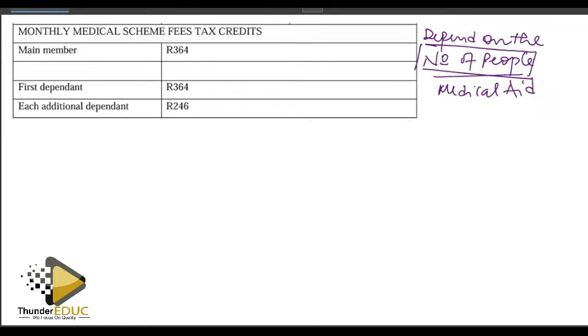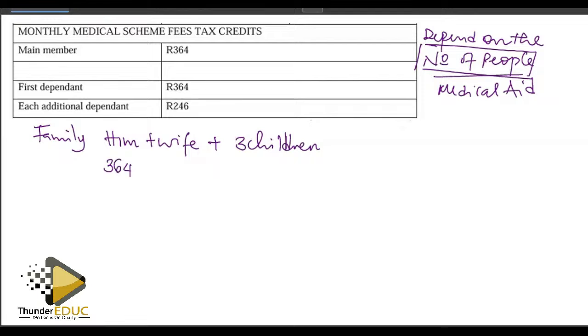And usually, for example, if the person says, a family, ne? He pays for the family, whereby he pays for himself, the wife, and the three children. It doesn't matter. The person will pay. Okay, there's the main, he will pay that much.